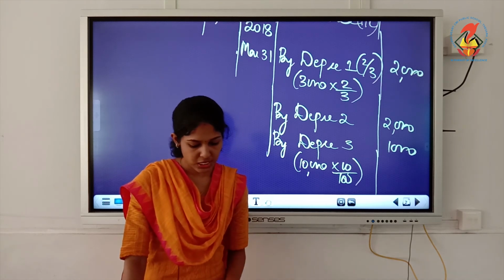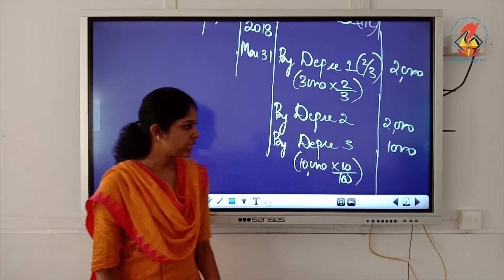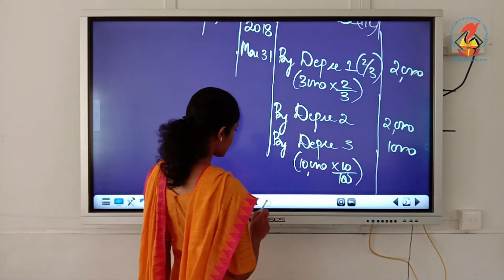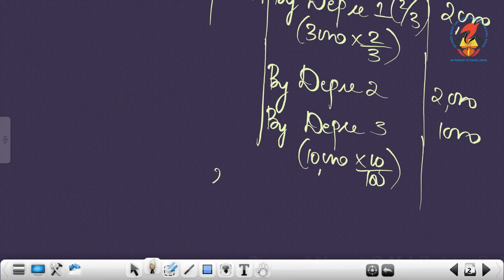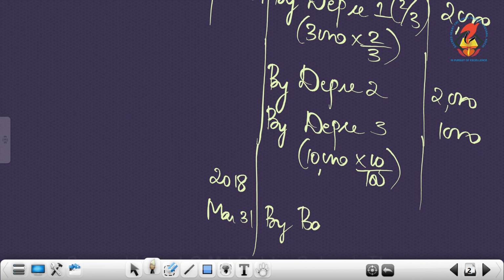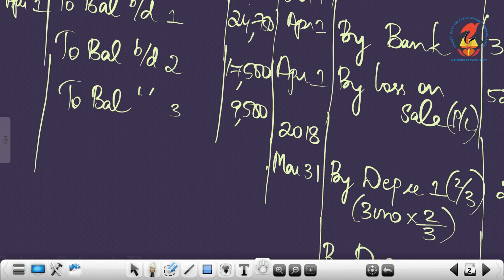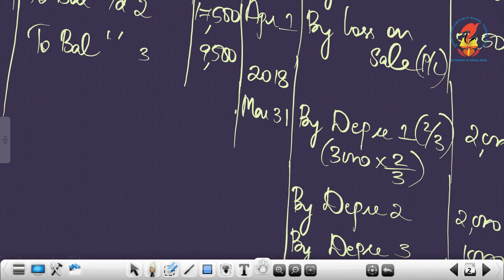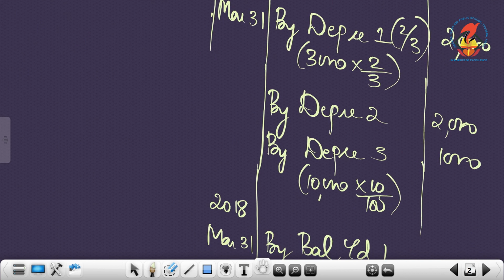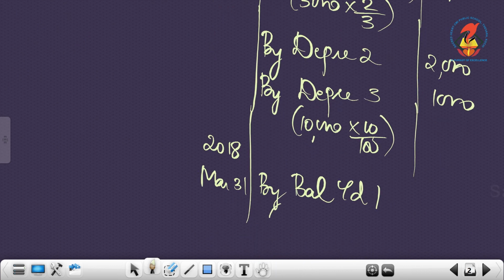Okay, so depreciation also we computed. Now we will compute the balancing figures. So 2018 March 31st by balance carry down 1, we will write 24,750, that is the brought down figure. Usually what we do is deduct this depreciation of 2000, but that 24,750 means it is the total machinery's value.